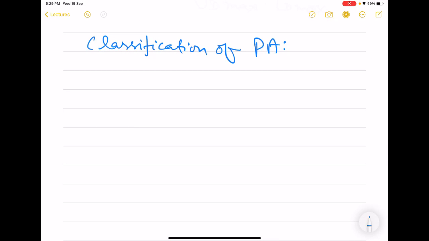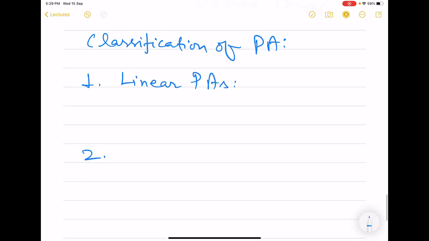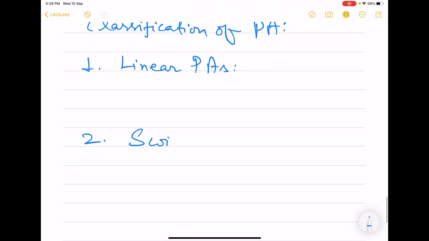So broadly, there are two classes. First is called linear power amplifiers, and second is switch-based power amplifiers.